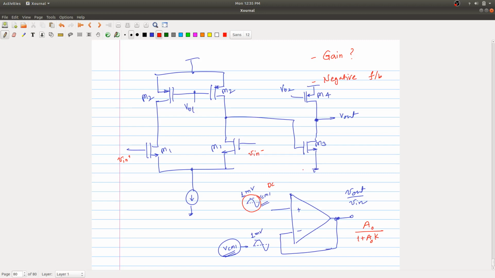And if I want to make sure that the DC is the same, here I have applied some VCMI plus something, VCM, one side VCMI plus V, another side is actually going to be in negative.